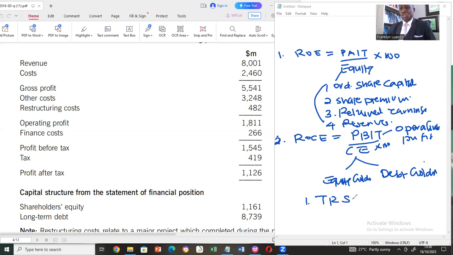Total return on shareholders' funds is a makeup of cash dividends, plus capital gains.